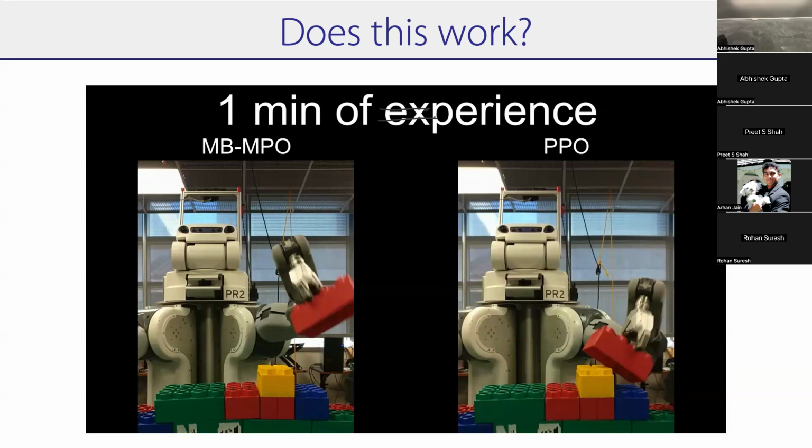The reward is basically the distance from the end effector to the target end effector position where the block is Legoed, attached. It only gets that reward when it actually plants the arm in the right place, so it's purely a proprioceptive reward, only relying on where the arm is.